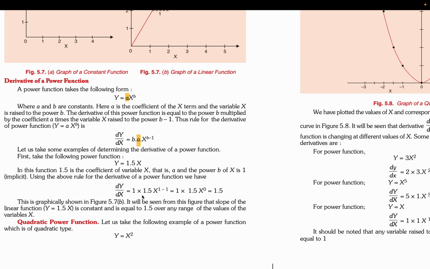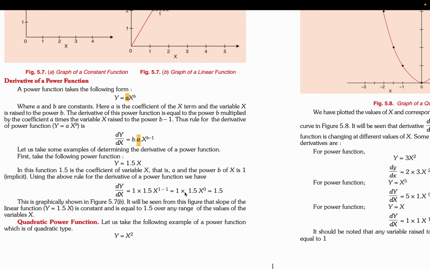Using the above formula, what you can determine is 1, which is the implicit value or power of x, times 1.5, because it's a constant, times x to the power 1 minus 1. The final value is going to be 1.5, because x is raised to the power 0, so it's going to be 1, and 1.5 is the final answer.